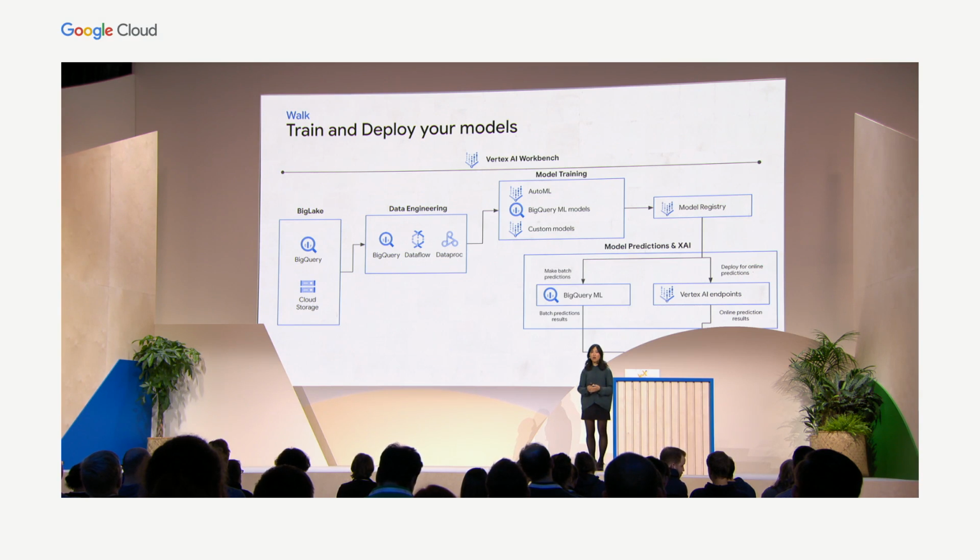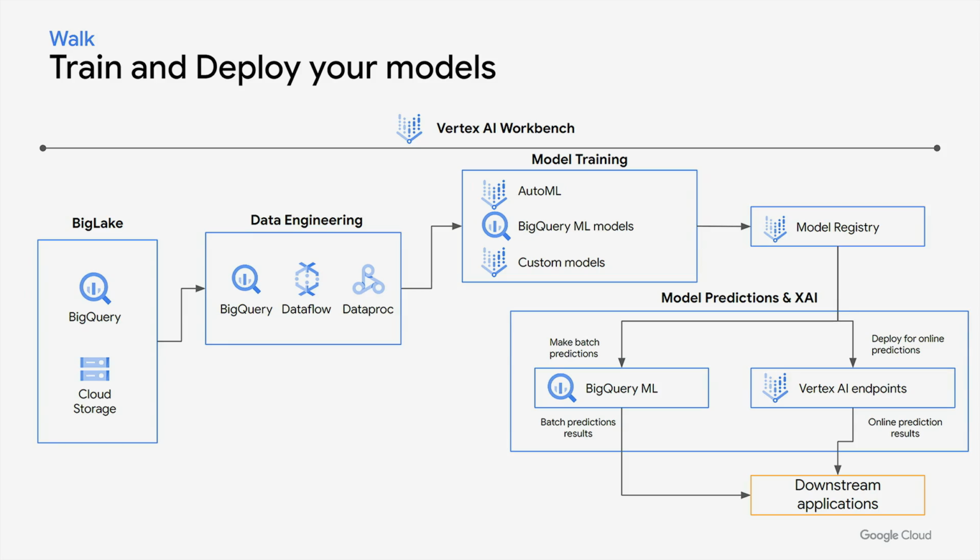So now that you can crawl with the Workbench, how can you walk and start to train and deploy your models? So this is an illustration of how you could do this on Vertex AI. So your data could come from BigLake. If it's tabular, it could come from BigQuery, or it could come from Google Cloud Storage. Then you do your data engineering step. You could use one or all of BigQuery, Dataproc, and Dataflow.